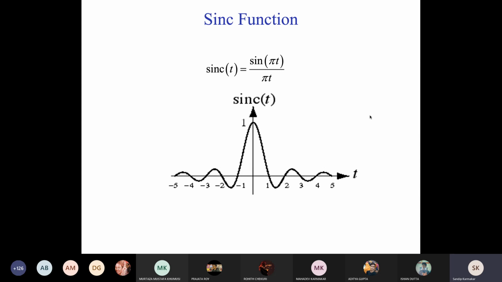Now if you damp it with a load, what will happen is the amplitude will be less and less every time, and then ultimately it will become 0. So that is actually represented by the sinc function. It is not exactly a damping function, but it is kind of like a damping function.